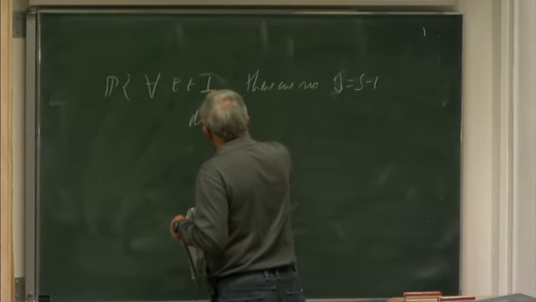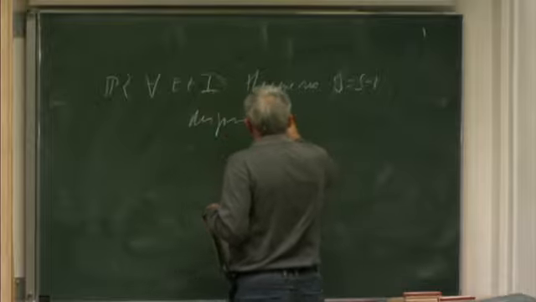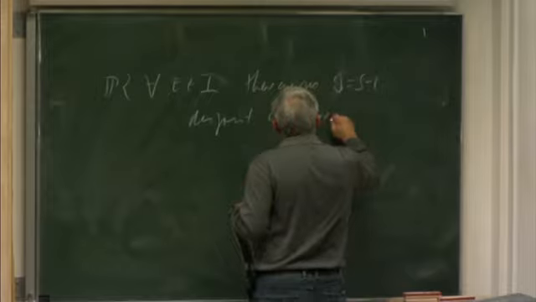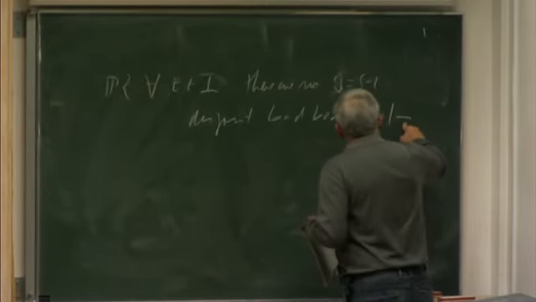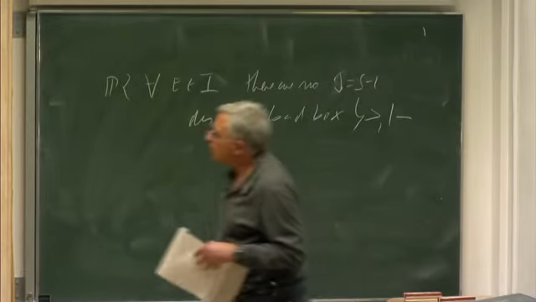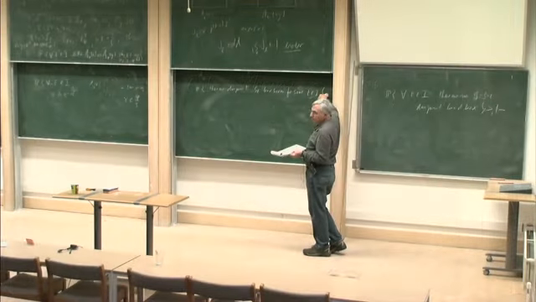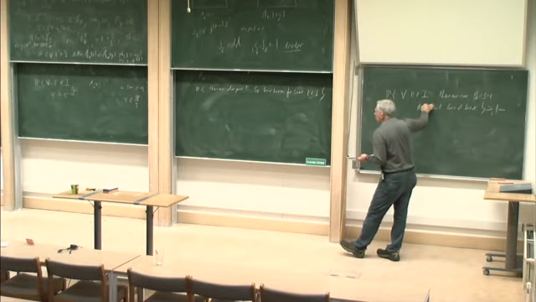Disjoint bad boxes. Remember that the notion of a bad box is energy dependent. And I want to estimate 1 minus something. The minus something is an upper bound for this probability. This is a complementary event to this.